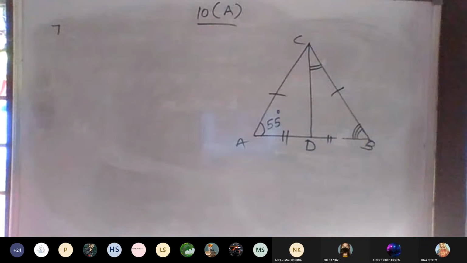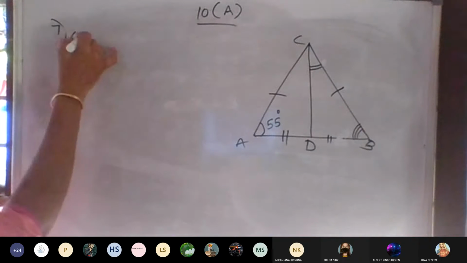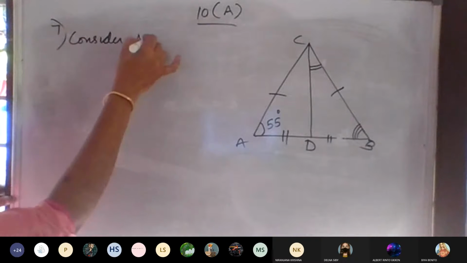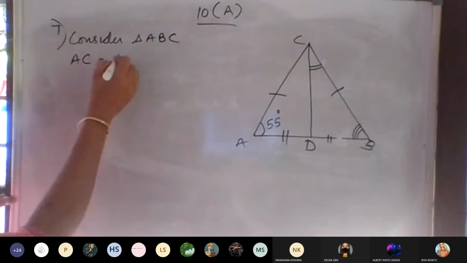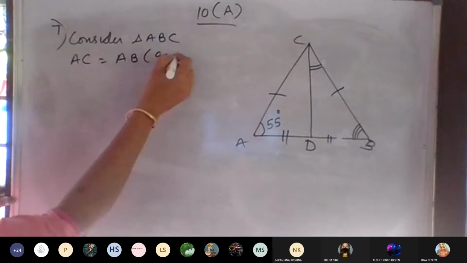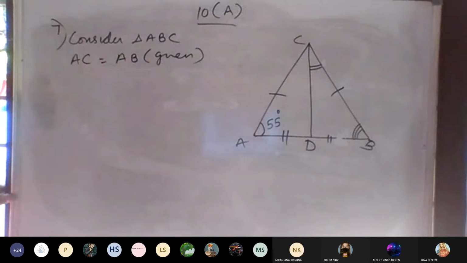Considering triangle ABC, what are the things given? Given AC is equal to BC. The next step, what should you write?